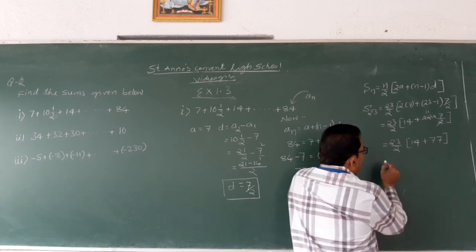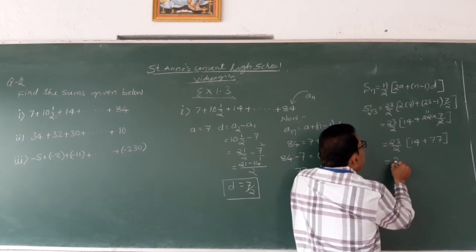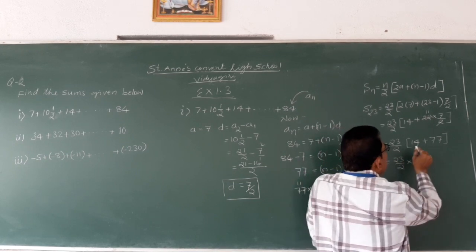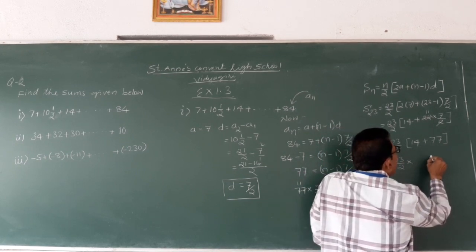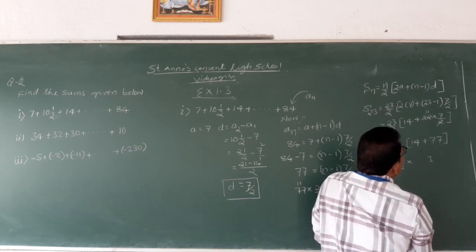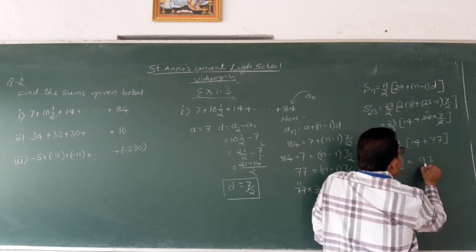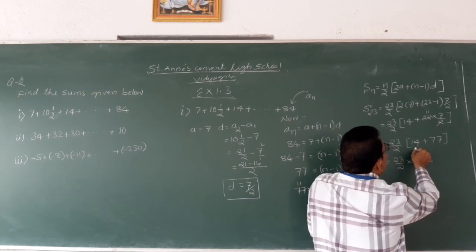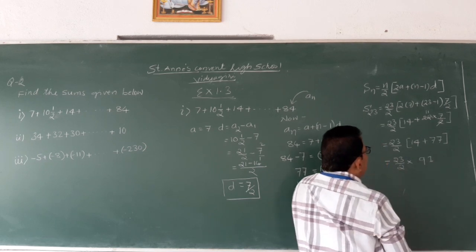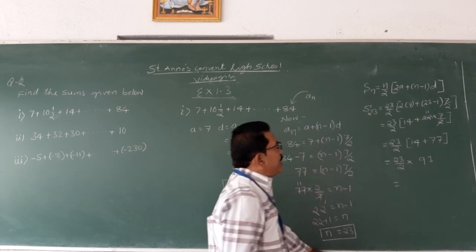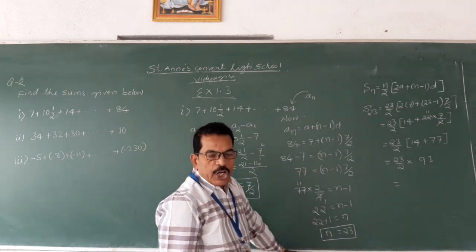Then after simplification, 23 by 2 into 91. 77 plus 14 how much? 91. So multiplication of 23 into 91 divided by 2.